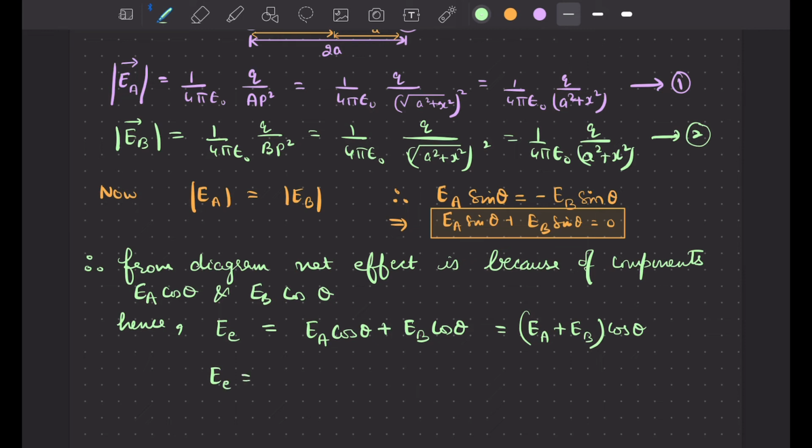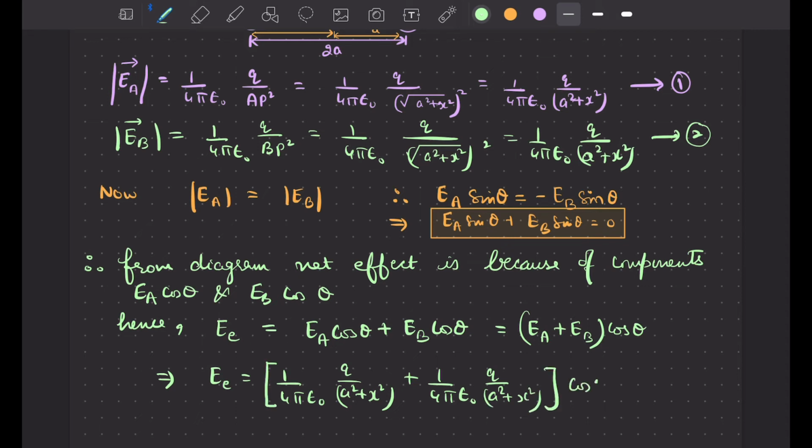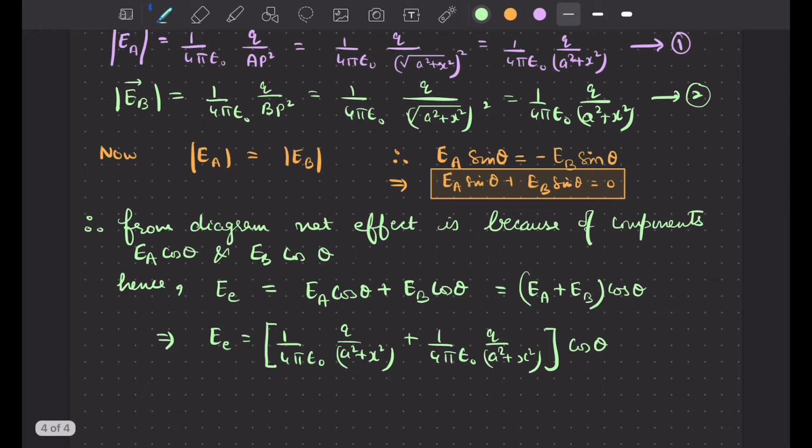Therefore we will have EE is equal to 1 upon 4 pi epsilon naught Q upon a square plus x square plus 1 upon 4 pi epsilon naught Q upon a square plus x square, taken into a single bracket, with cos theta as a common factor. Before putting in the value of cos theta, I want to simplify this equation one more time. So I will write it as 1 upon 4 pi epsilon naught 2Q upon a square plus x square. This is simple algebra which I have performed here.